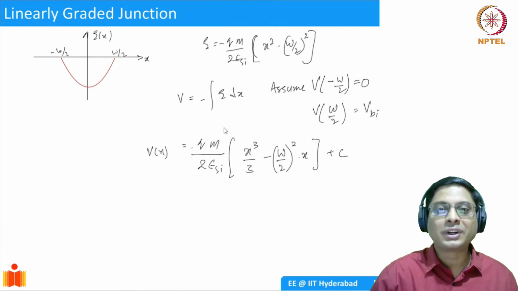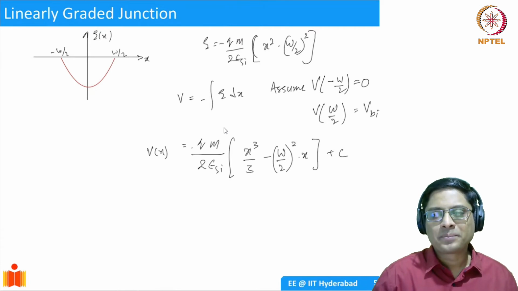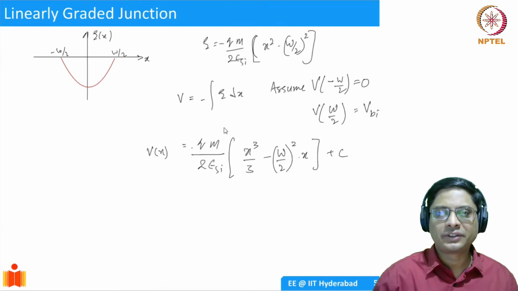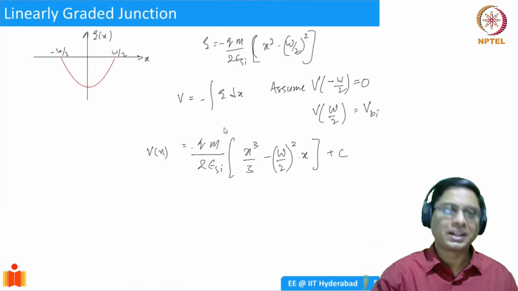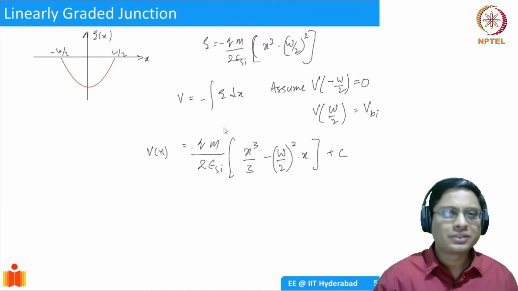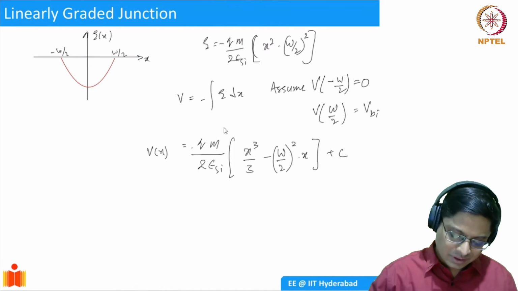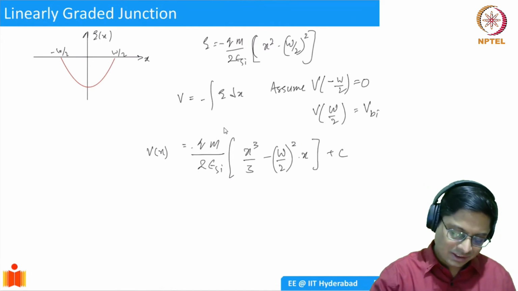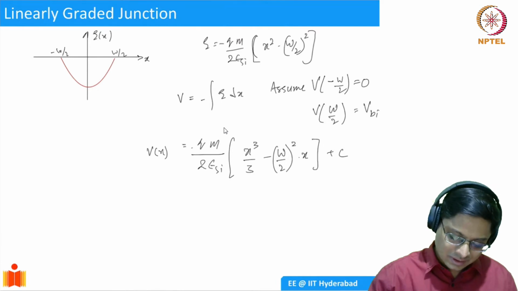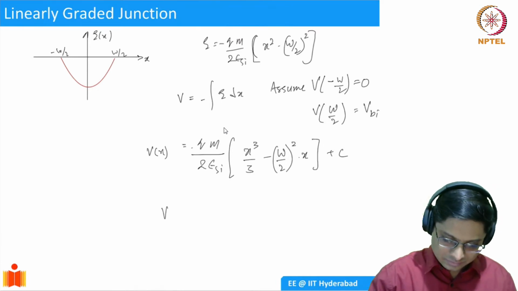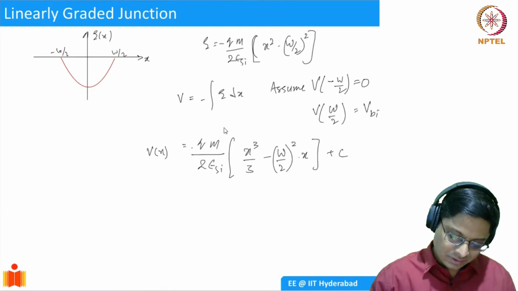So you have to find what is C. And then you substitute V at W by 2 and you'll get VBI. So please work it out. I mean, it's just sanity checking for you. But one interesting thing that will come out is that W is the width, right?